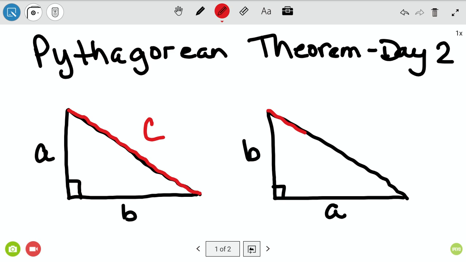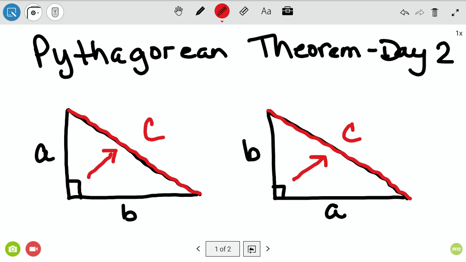If it's too close to tell with your eyes which one is longer, the hypotenuse is always the side directly across from the right angle.